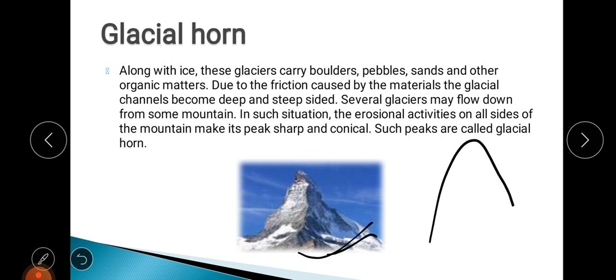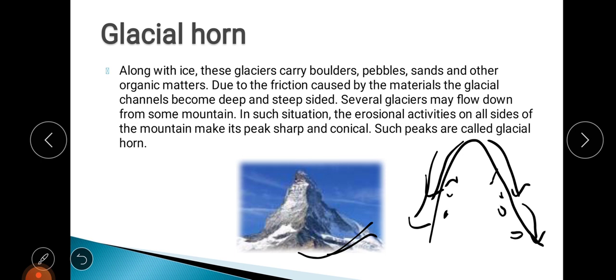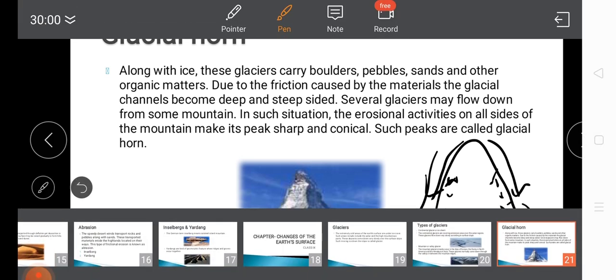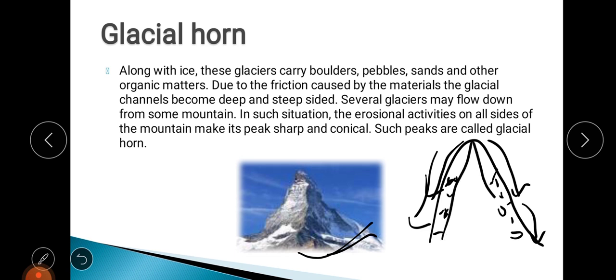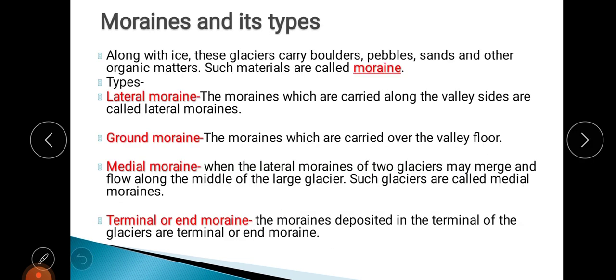If there is a mountain and the glaciers move down from both sides of the mountain, the sides of the mountain get eroded, that means they break down, and it takes the form of a steep peak like this, conical shaped, like a cone. Have you seen a conical shaped peak? These are called glacial horns, because these are formed because of the erosional activity of a glacier.